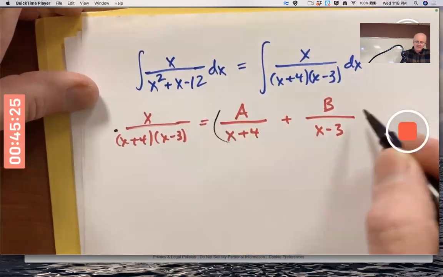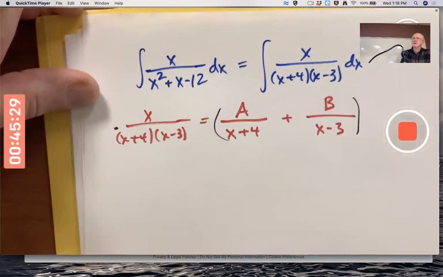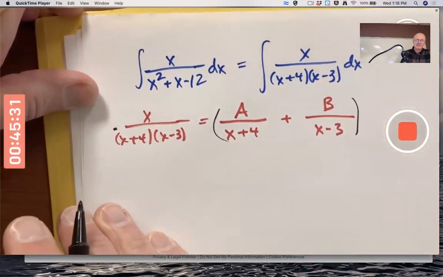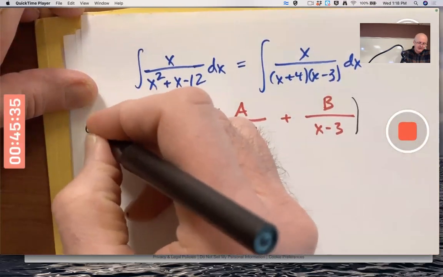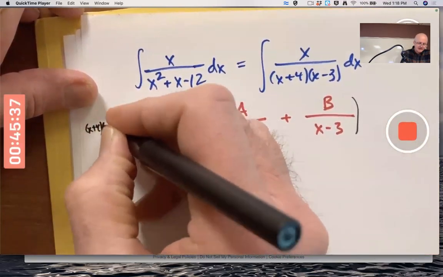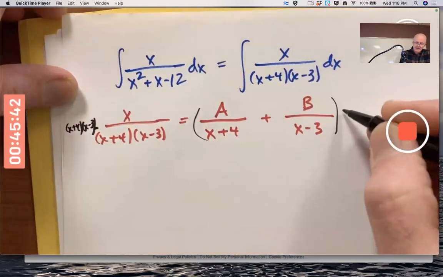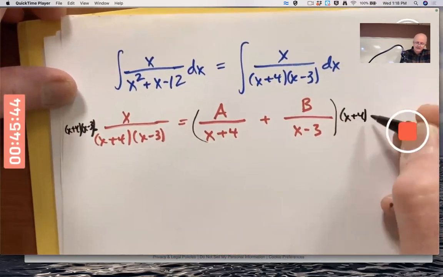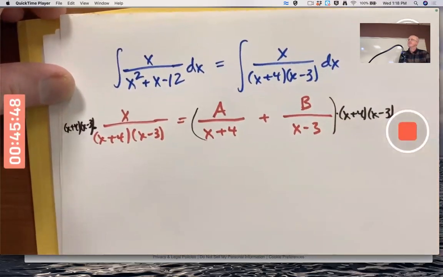To solve for A and B, what you want to do is simplify these so there's no more fractions. Multiply both sides by that common denominator of x plus 4 times x minus 3. That dot means multiply. If I do it to one side, I've got to do it to the other.